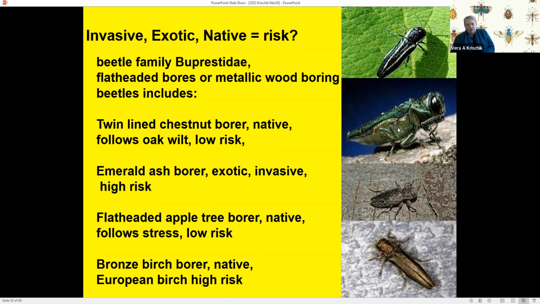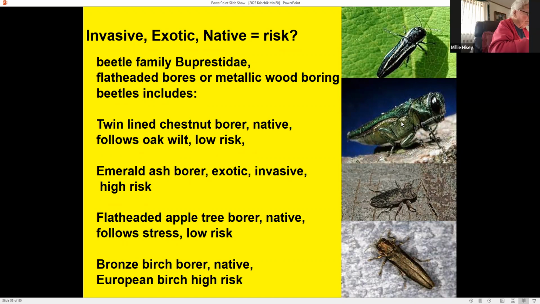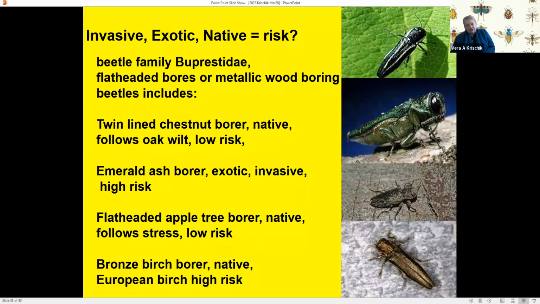Here's emerald ash borer in the same family. That's an exotic. That's a pest that we cannot manage without insecticides. Here's another native. This is apple tree borer. These are all in the family Buprestidae. They're dorsoventrally flattened, so they're like a U-shaped. And when they come out of the wood, they make a D-shape rather than a round shape. And down here is bronze birch borer.